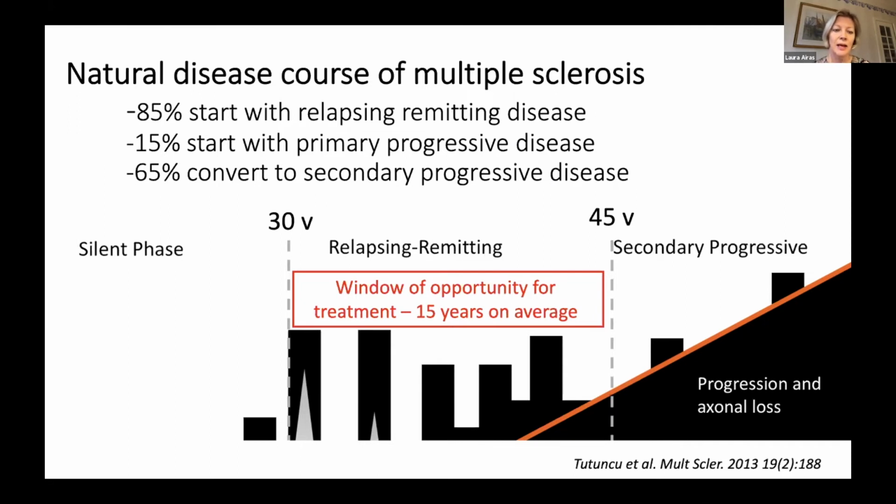And the lack of efficient treatments for progressive MS is considered the greatest unmet need in the field of MS at the moment. And there are many ongoing efforts to try to understand what's going on pathologically within the central nervous system to help develop treatments for this disease type.